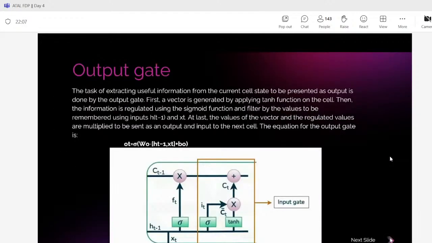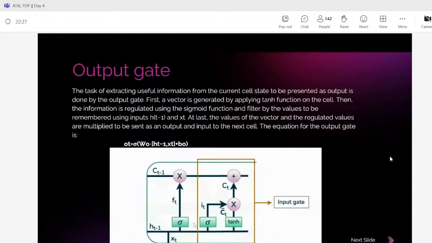And then while getting into the output gate, the main task is to extract the useful information from the current cell. Okay, the cell state to be presented as the output is done by the output gate. First, a vector is generated by applying the tanh function on each and every cell. Then the information is regulated using the sigmoid function.